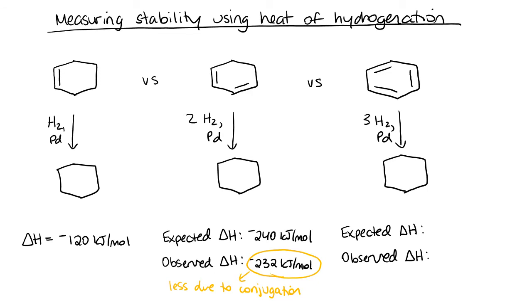Now on to benzene. Benzene has 3 pi bonds that can react with 3 moles of hydrogen gas. Now, since we saw here that we gave off 120 kilojoules of energy for 1 pi bond, we would expect that 3 would give off 360 kilojoules.